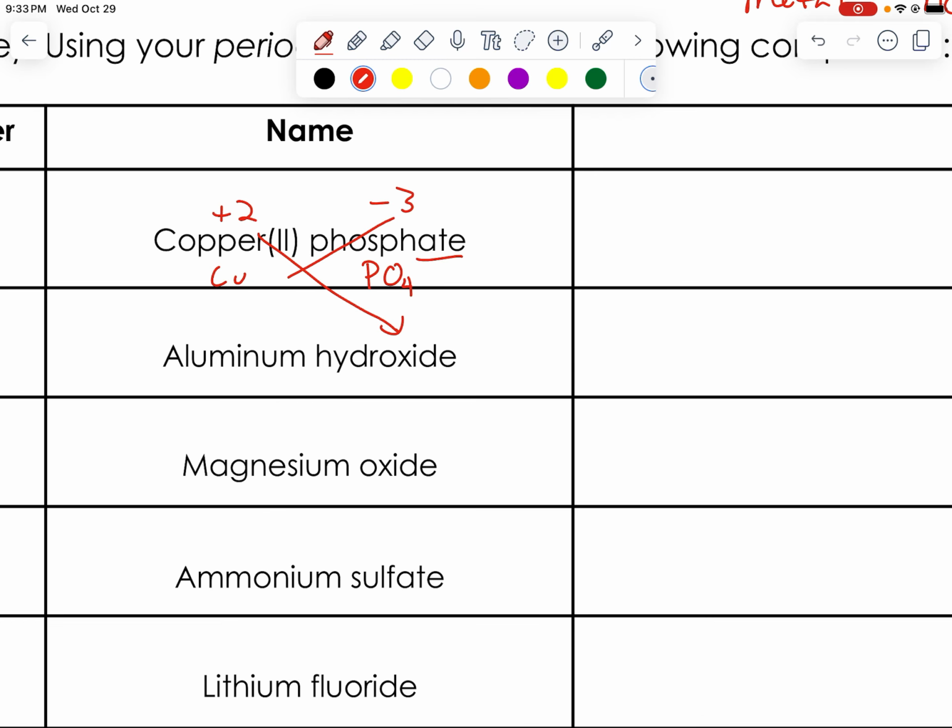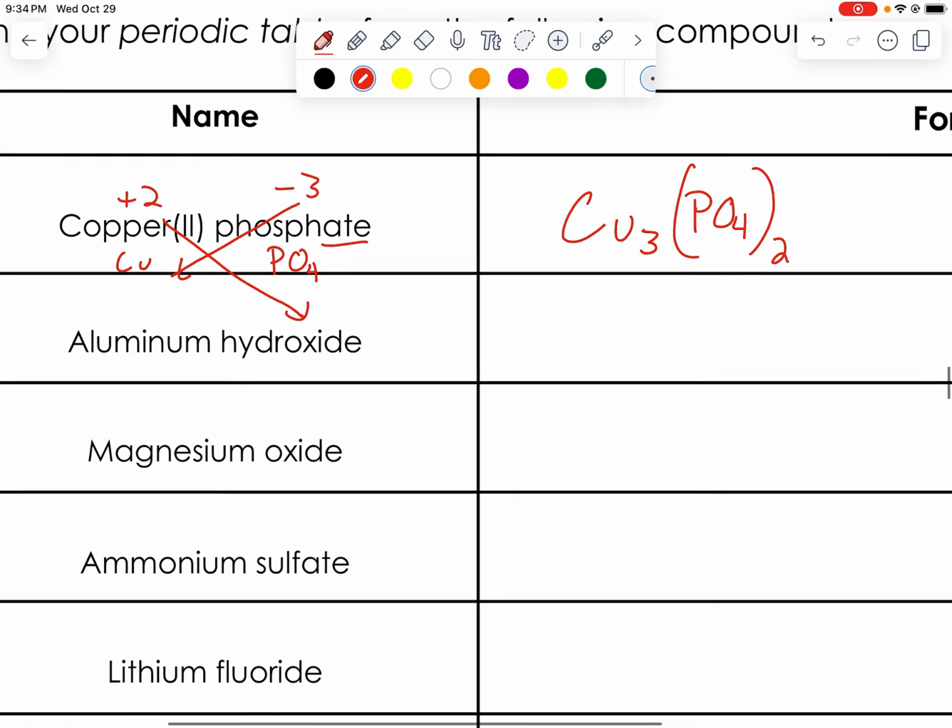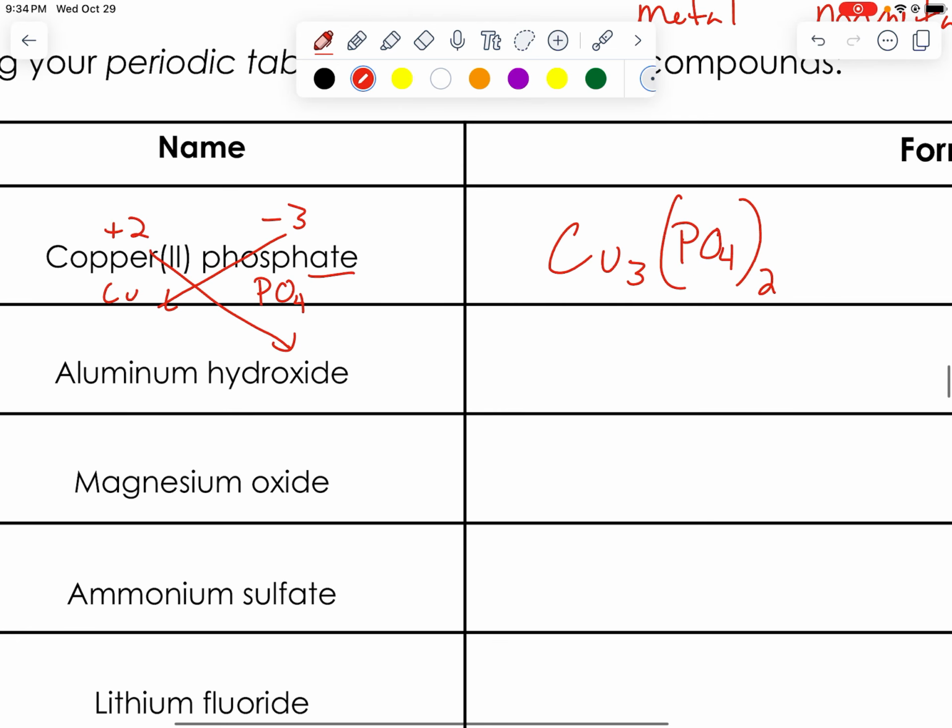So the 2 is going to go here, the 3 is going to go there. You don't bring the plus or minus, just the number. So this is going to be Cu3, PO4. I can't change the PO4. That stays no matter what, but I need to show that I have 2 of them. The way that I do that is I put it in parentheses. So now my charges balance out to 0.